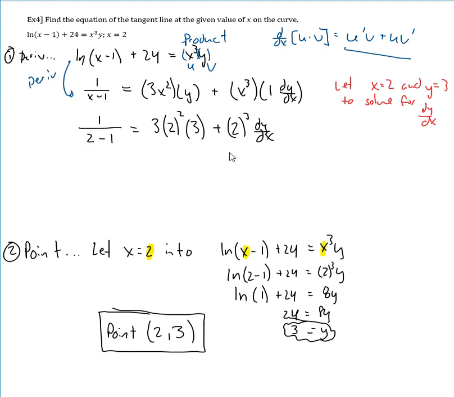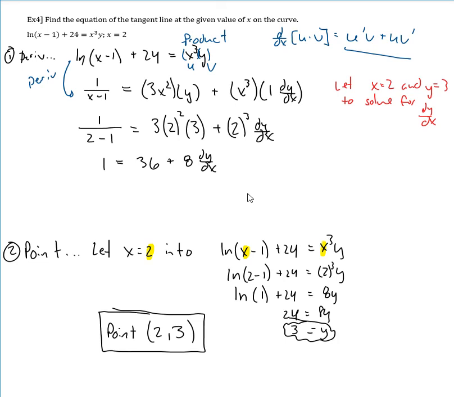Let's continue going. This all simplifies: 1 over 2 minus 1 is 1 over 1, which is 1, equals 3 times 2 squared, which is 4, times another 3. So 3 times 4 is 12, and 12 times 3 is 36, plus 2 cubed, which is 8, and dy dx is still attached.